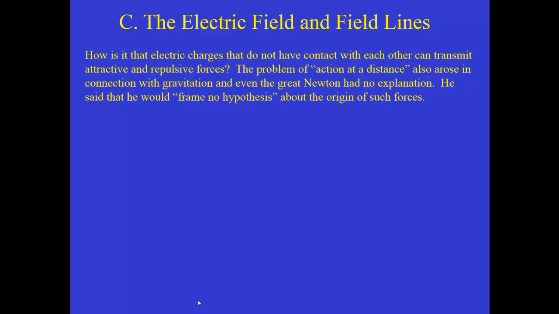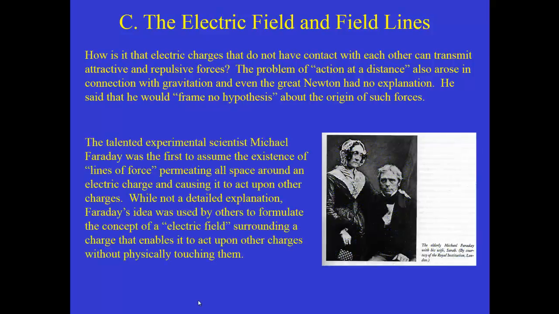And Newton faced this same kind of question when he came up with his law of universal gravitation back in the late 1600s. All the forces that were known at that point were assumed to act through contact between the two objects that were carrying the forces. And so Newton didn't have a good idea of how that worked. He just said that it worked and did not really have an explanation for that.